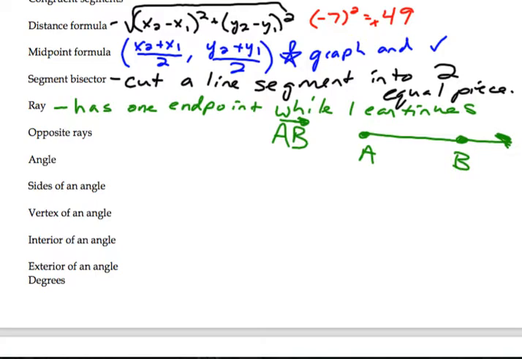Opposite rays are where one ray starts in the middle and goes left, and one starts and goes right.